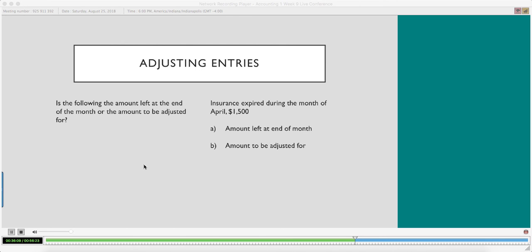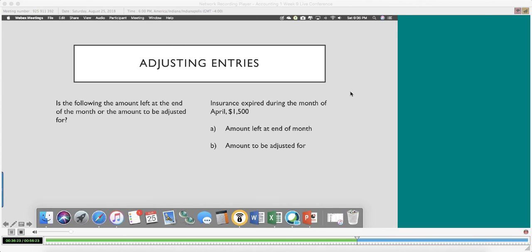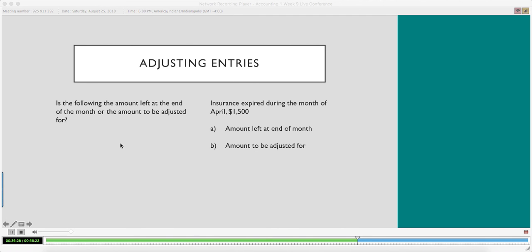So is that the amount left at the end of the month or the amount to be adjusted for? Exactly. What was the key word you guys used to help you answer that problem? Exactly. Expired. It is gone, which means that is the amount we will adjust for.